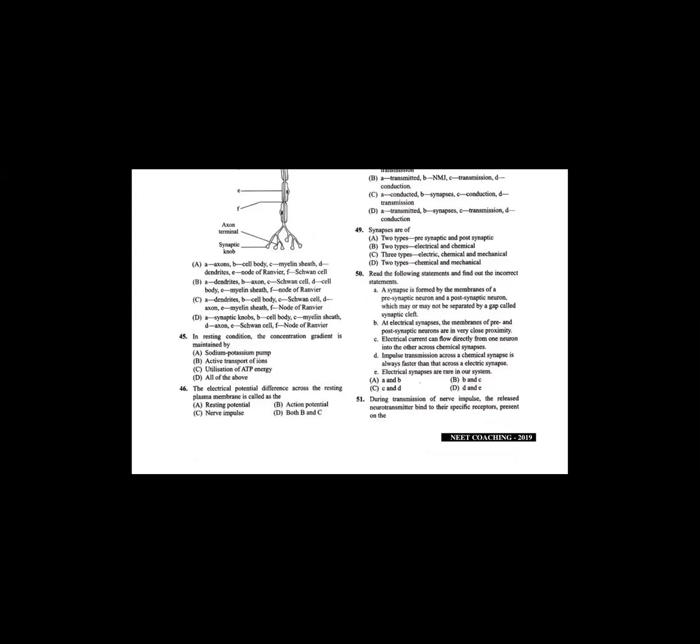So the resting potential is maintained by the sodium potassium pump, which is present on the axolemma. Active transport of ions will take place between the axoplasm and outside the nerve cell, with utilization of ATP energy.